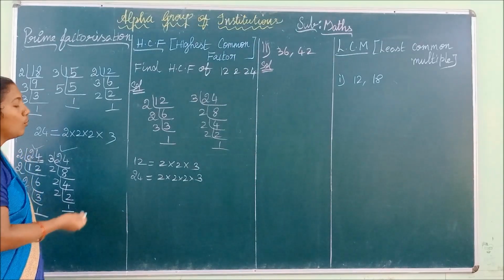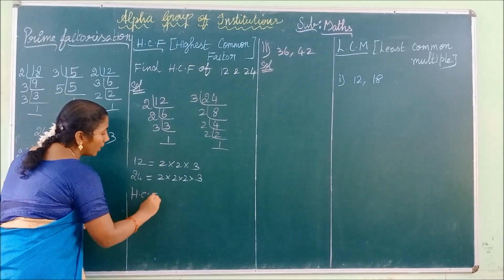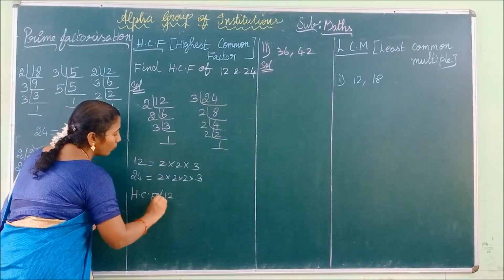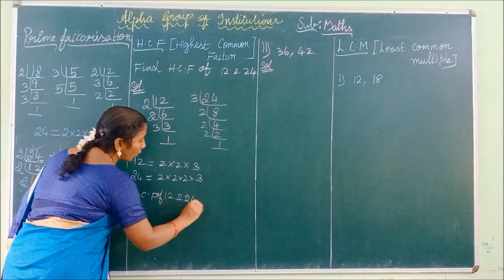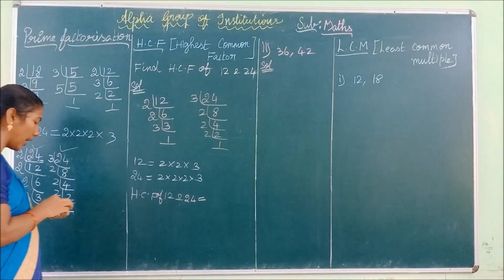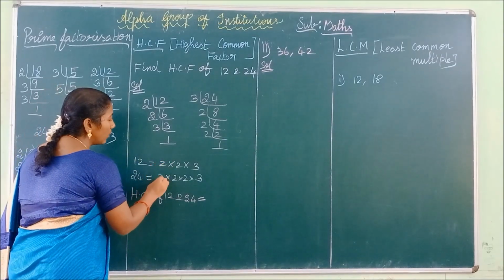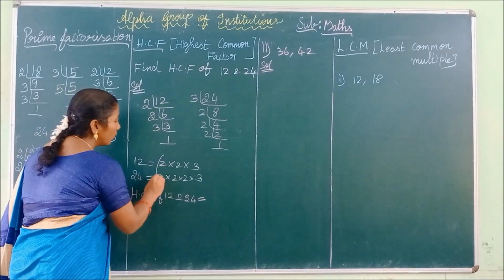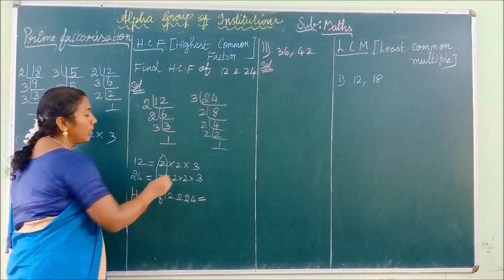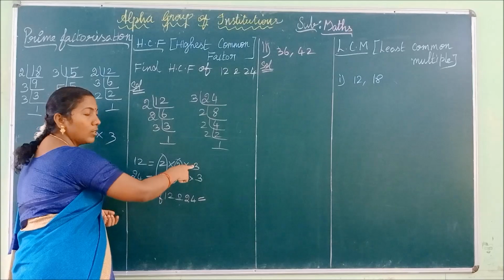Next we are going to find the HCF of 12 and 24. How do you find the HCF of 12 and 24? By circling the common factors. See, here also we have 2, here also we have 2. So circle the 2. Similarly, here also we have 2, here also we have 2. Circle the 3. Here also we have 3.